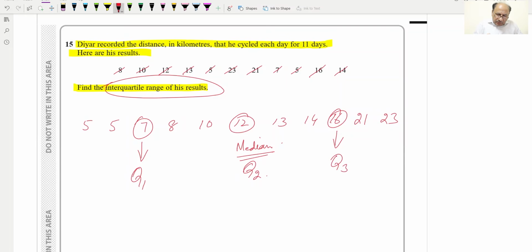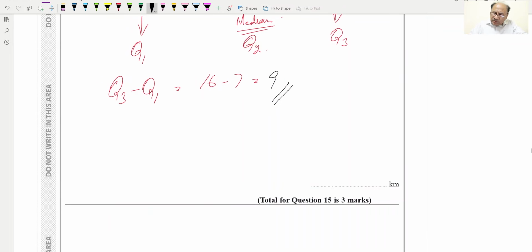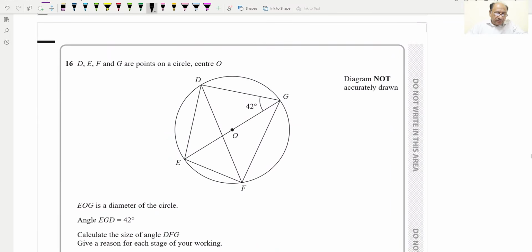Basically Q3 minus Q1 is the interquartile range. So this will be equal to 16 minus 7, which is equal to 9. So 9 kilometers will be the interquartile range. It's a very simple question, a 3-mark question which we have done.